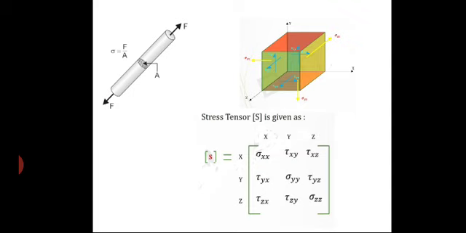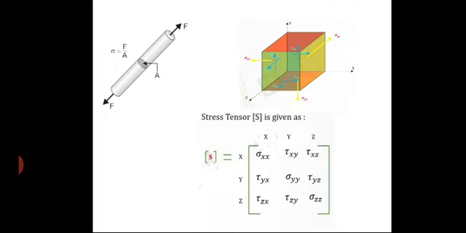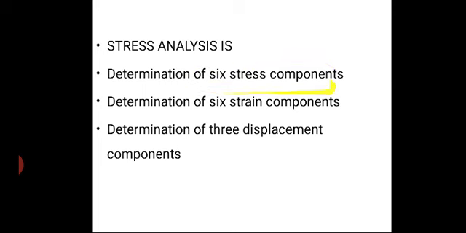The stress tensor involves a total of 9 stress components. But when we consider the symmetry of the stresses, the 9 stress components are reduced to 6 stress components.